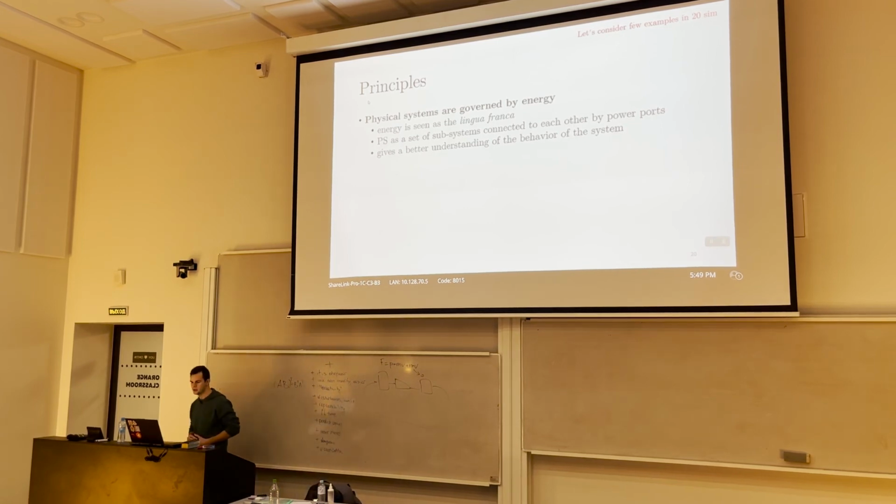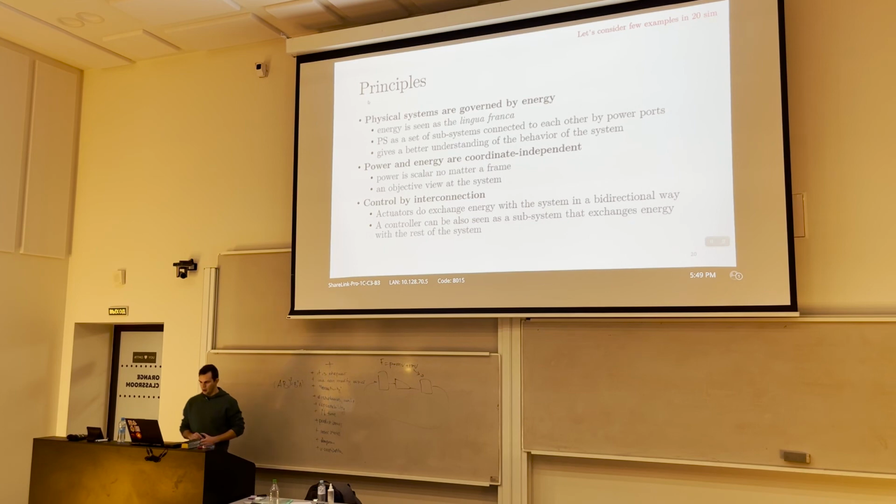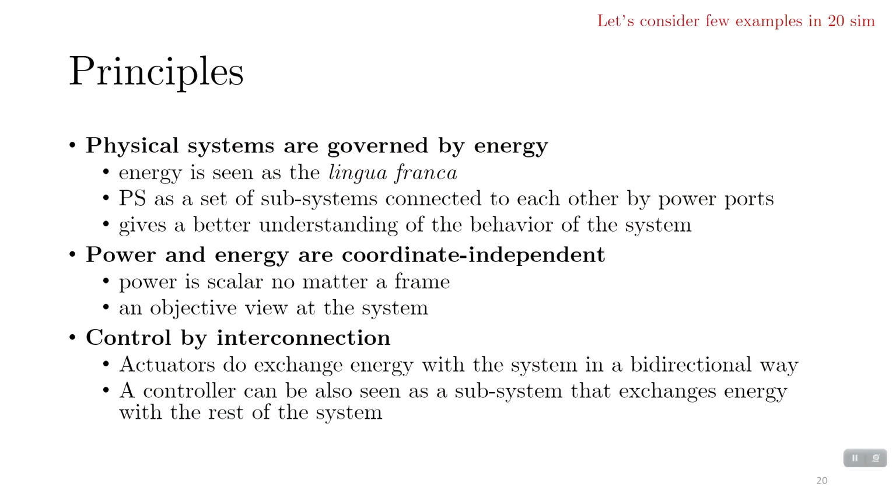This methodology allows him to come up with new insights on how to create higher-performance and more intelligent robotic systems. More than that, power and energy are coordinate free, and this allows us to come up with a notation and description of the motion of rigid bodies, and not just rigid bodies, which is coordinate independent.